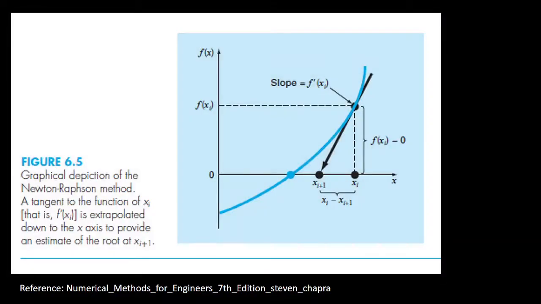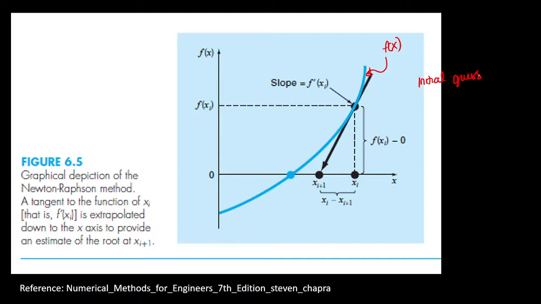So the graphical depiction of the Newton-Raphson method is this. The blue curve represents the f of x. Newton-Raphson method is an open method which requires only one initial guess.